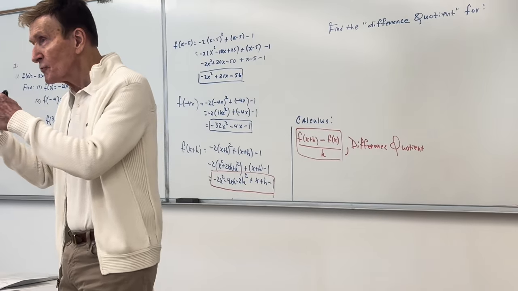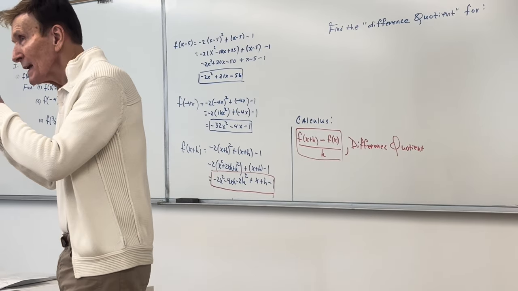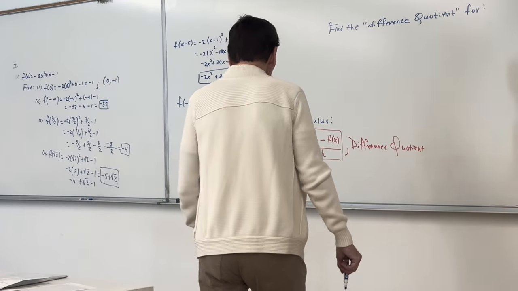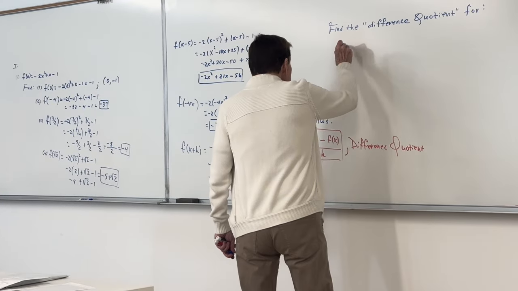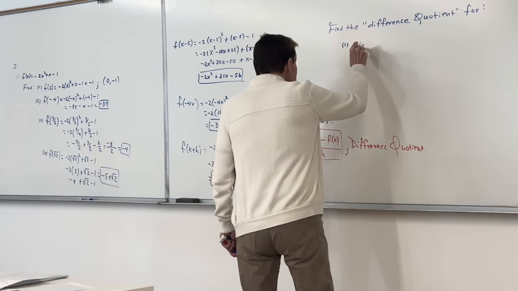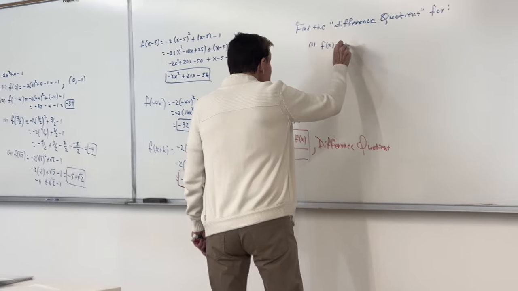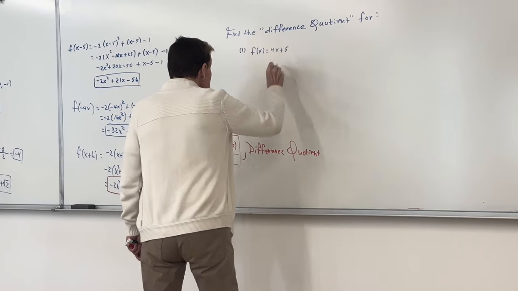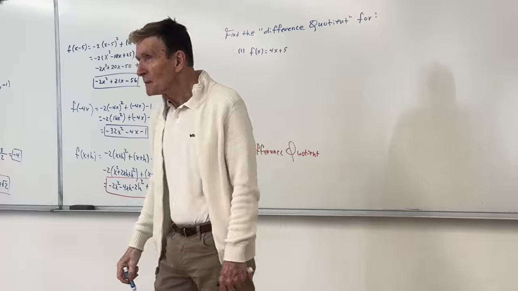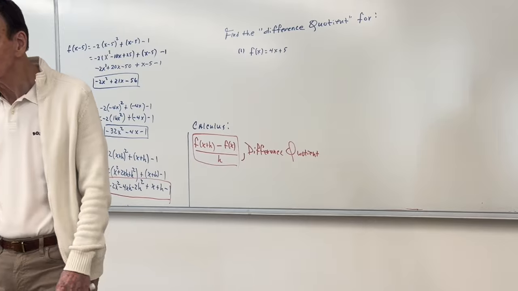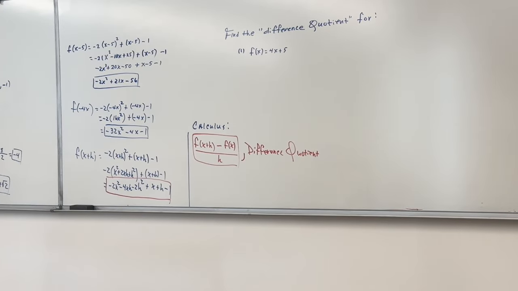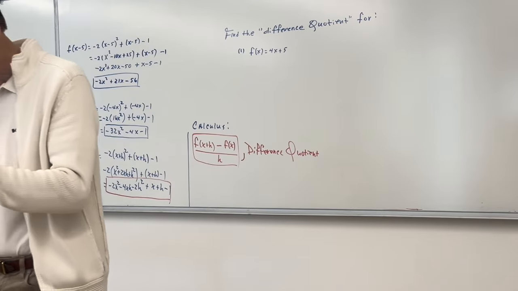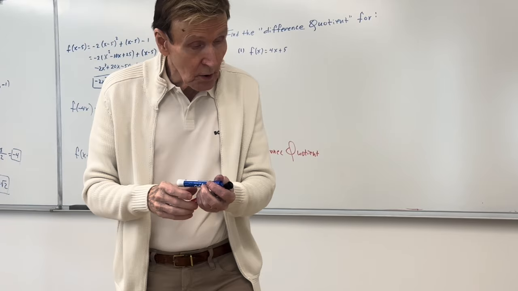I'm going to use that red formula and tell me the difference quotient. Here's my function. I'm going to start with a simple linear function. Now I want to find, with that red formula, I'm going to use that formula on that function and see what this so-called difference quotient looks like.